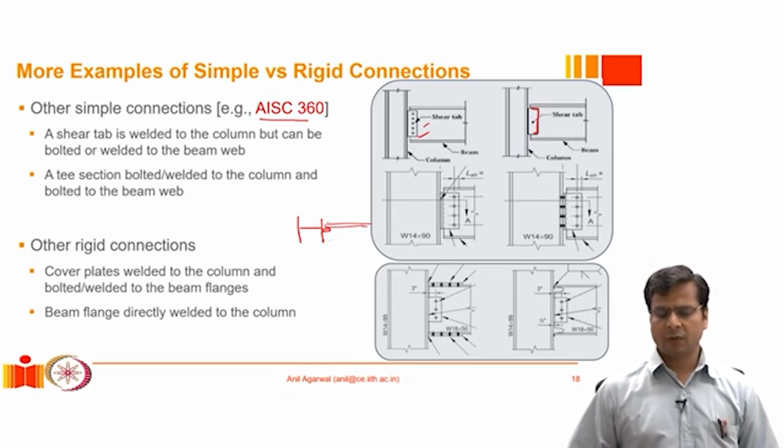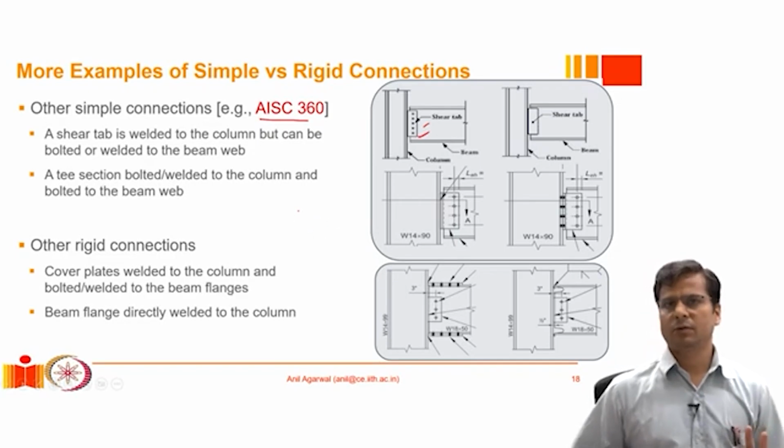Typically what they would do is weld this shear tab to the column at the fabrication shop. Then it will be brought to the site, the beam will be lowered to the position, and then we can decide to do a site bolting or site welding. Either one is okay, but generally the practice is that we want to avoid site welding.